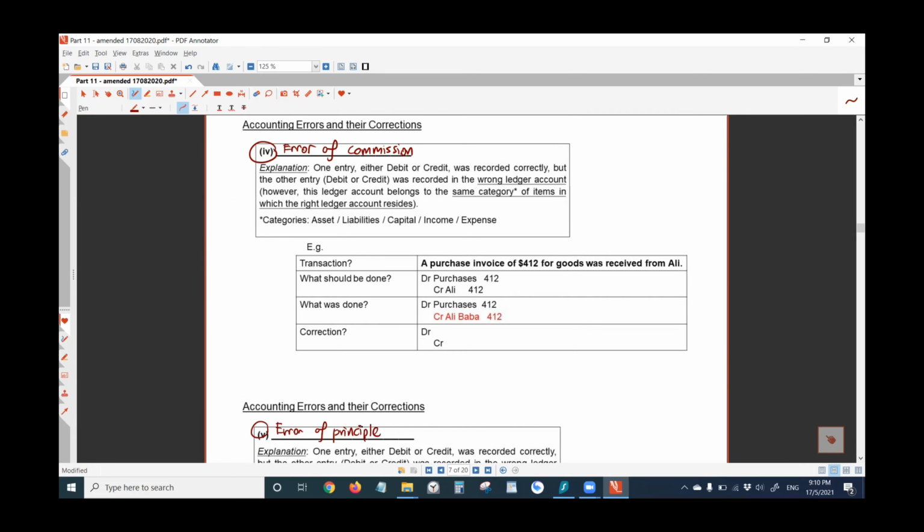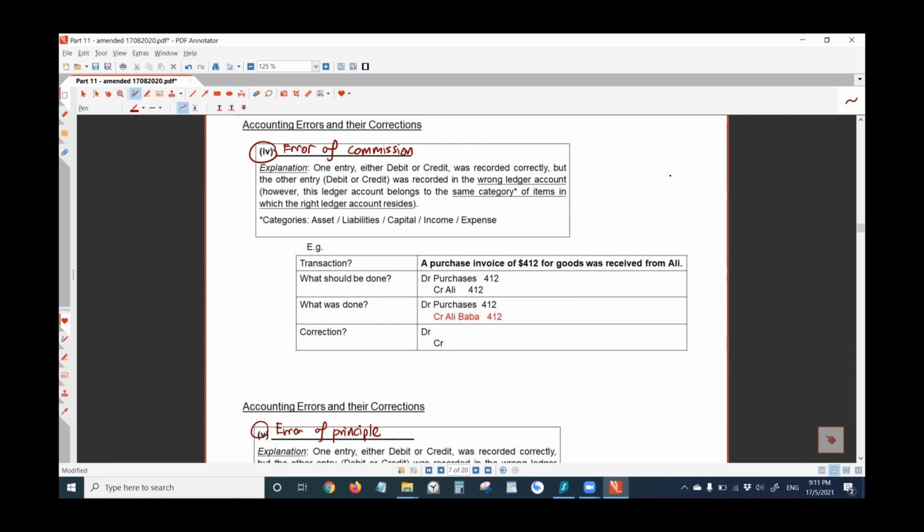For these 2 errors, I'm not able to explain how they came up with the names, because I do not know. But I can explain what the examples of these errors are and how you classify them. When you get an error, how do you know whether it's an error of commission or an error of principle?